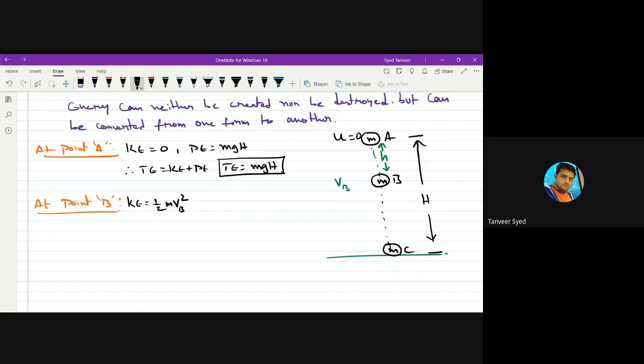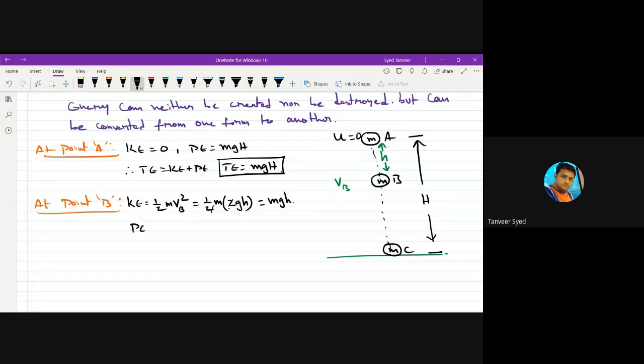How much will be velocity at point B? I will apply the second kinematic equation: V square equals U square plus 2gh. U is 0, so V square can be written as 2g small h. Do you follow this? The 2 cancels, so this is mg small h. This is kinetic energy.